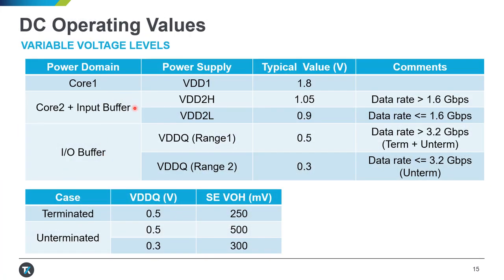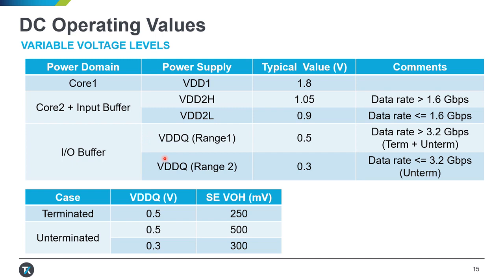LPDDR5 brings in variable voltage levels. The core 1 supply VDD1 is set at 1.8 volts, no change in that. But your VDD2 is being split into high and low supplies. 2H is set at 1.05 volts and 2L is set at 1.9 volts.